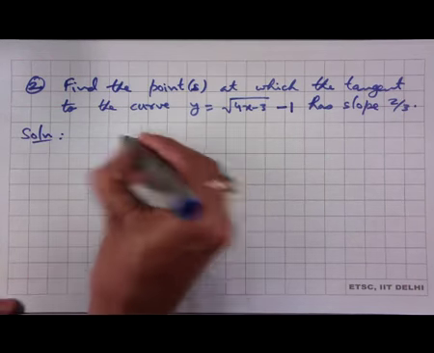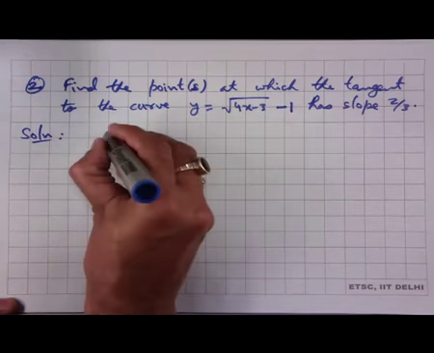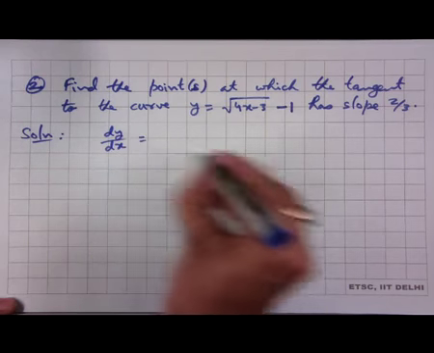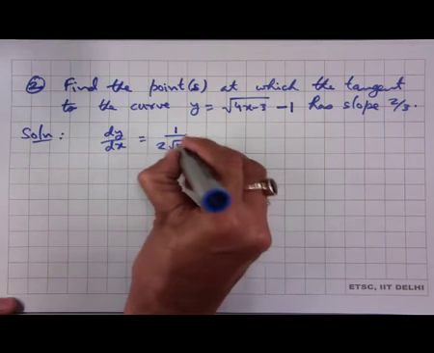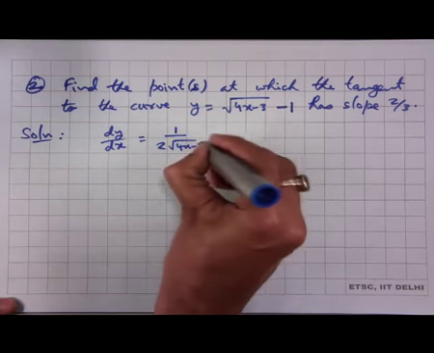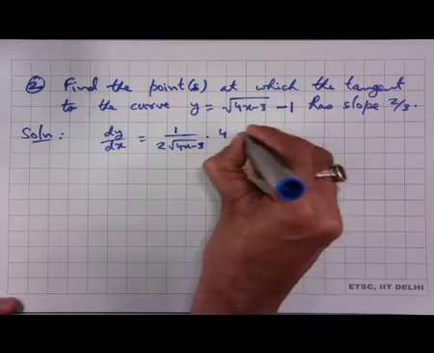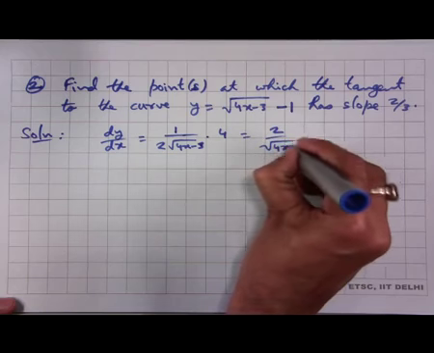So, if we look at y equal to square root of 4x minus 3 minus 1, dy dx is 1 by 2 square root 4x minus 3 times 4, that is 2 divided by square root of 4x minus 3.